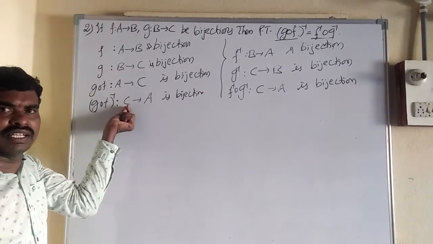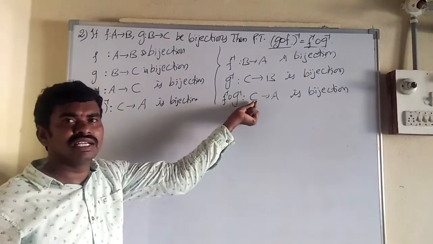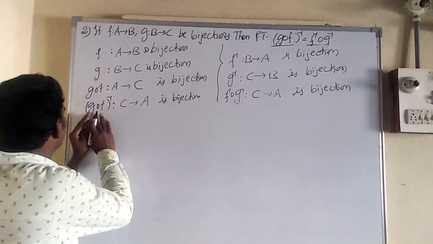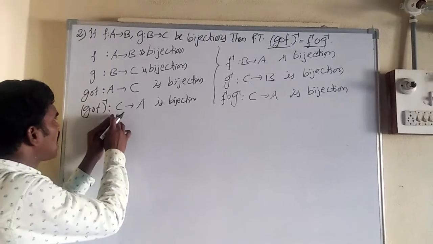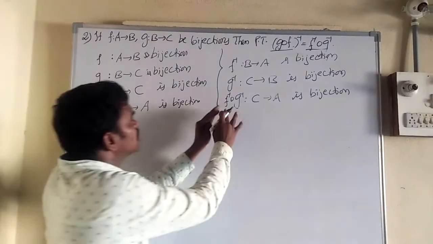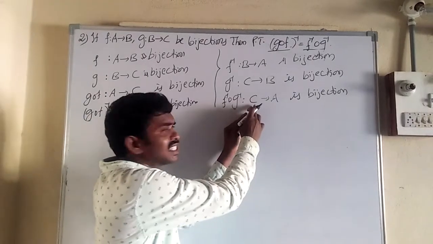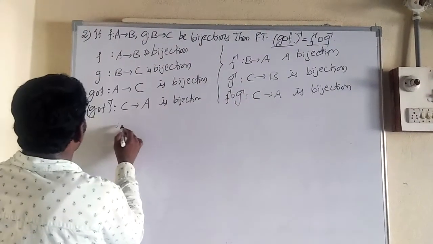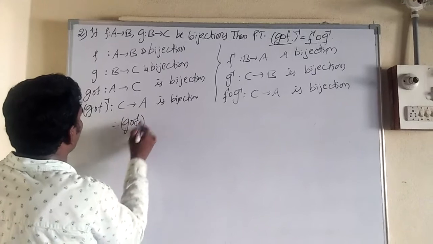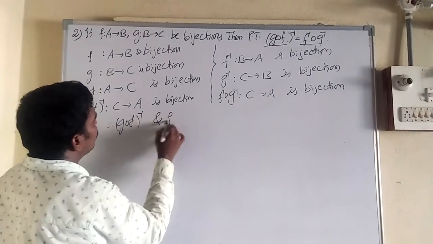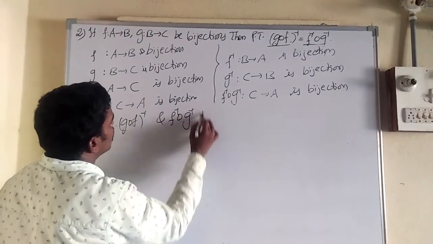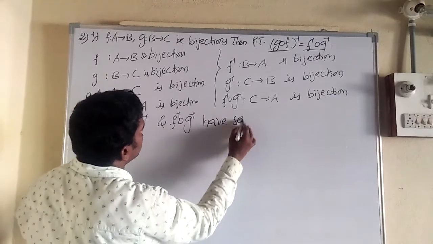What is the domain? C. So the function G circle F whole inverse has the domain C. The function F inverse circle G inverse has the domain C. So therefore G circle F whole inverse and F inverse circle G inverse have the same domain.